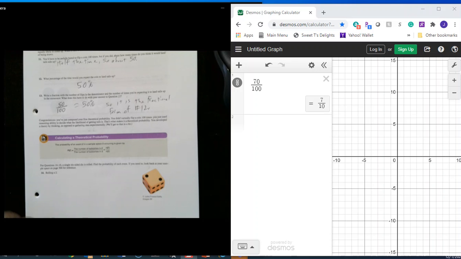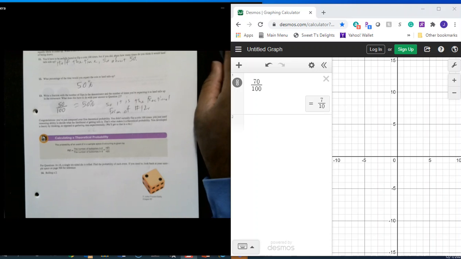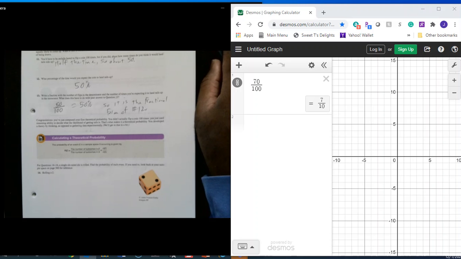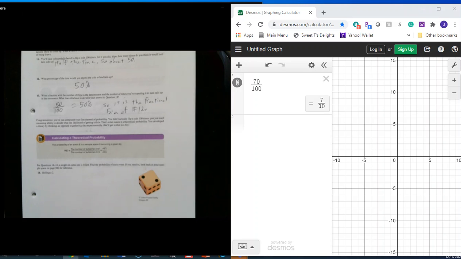Find the probability of each event. If you need to, look back at your sample space on page 300 for reference. Okay, so basically they're asking us to go through this process that we just learned. So we're going to go through that.